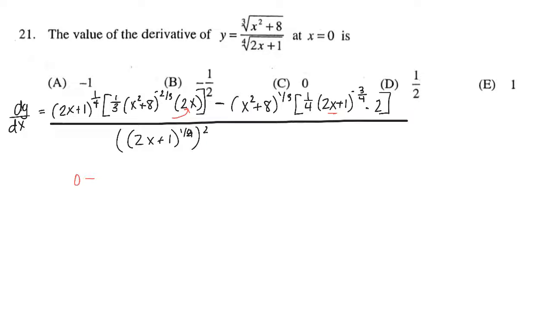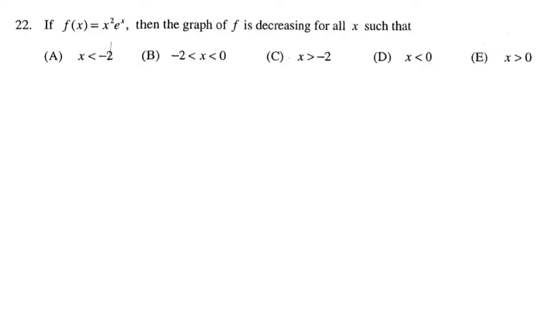After we multiply and work out all of this, it looks like we'll end up with a 1. So 0 minus 1, all over 1, that's just going to end up being negative 1, which is answer choice A.